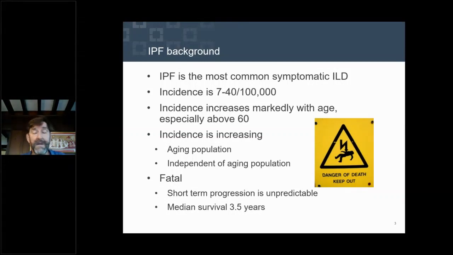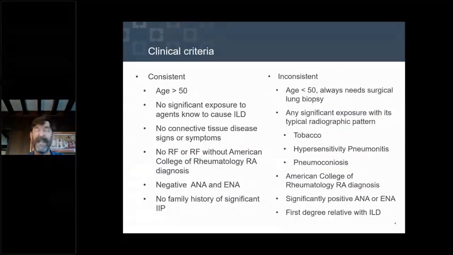It's fatal, with short-term progression that's predictable; median survival is 3.5 years. So clinical criteria, again, it's a disease of older folks, so they should be above the age of 50. They shouldn't have any exposures or connective tissue diseases that would suggest another diagnosis, and they should have a negative ANA and negative extractable nuclear antigens.